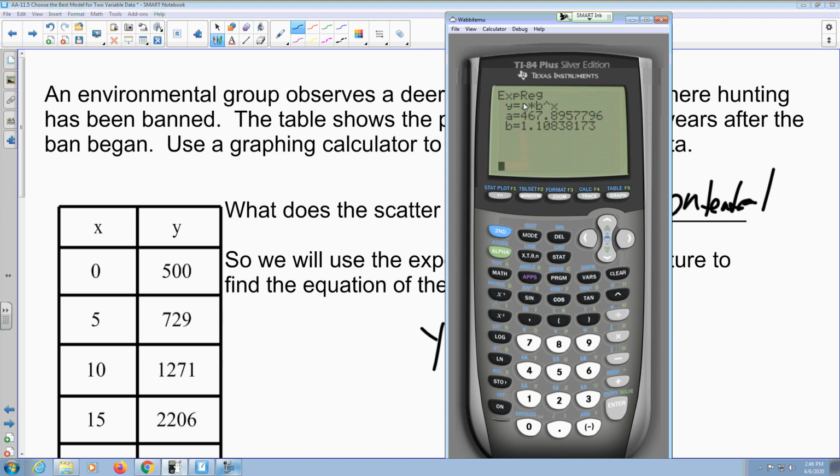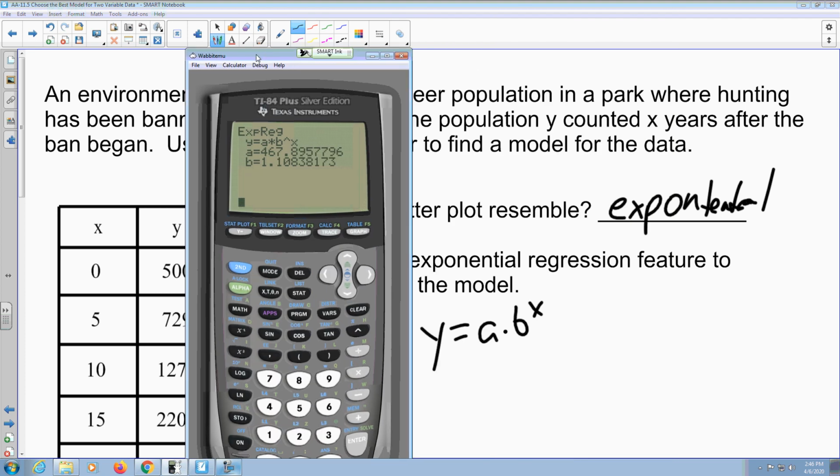And so now I have values for A and values for B. So now my equation is going to be y equals 467.9 times B, which is 1.11, raised to the x power.